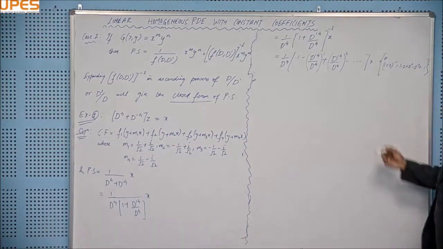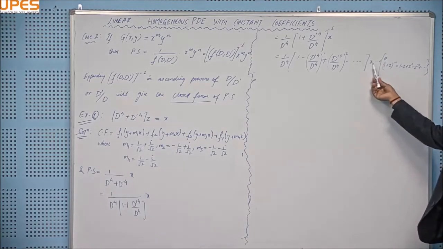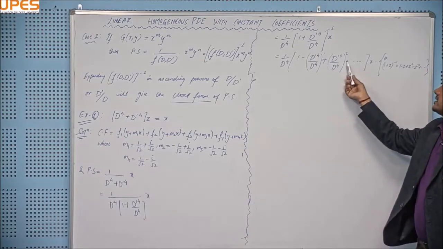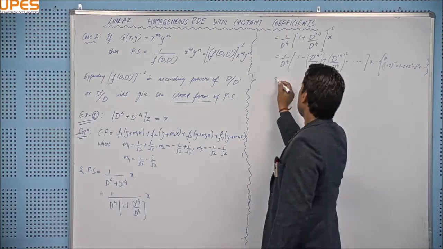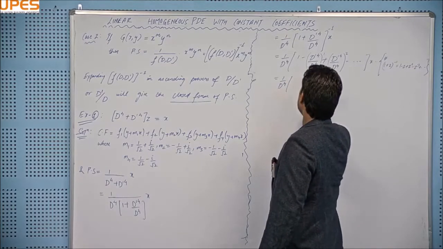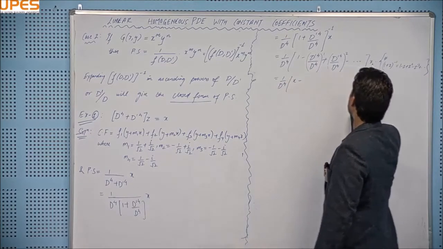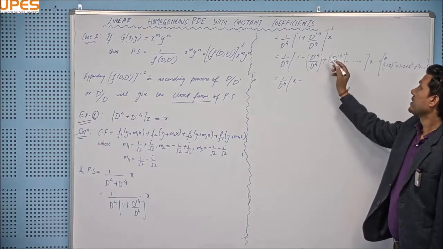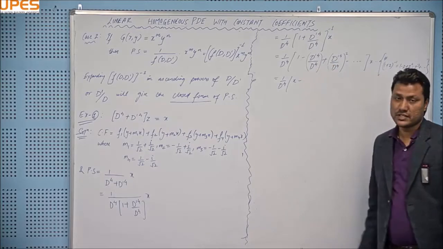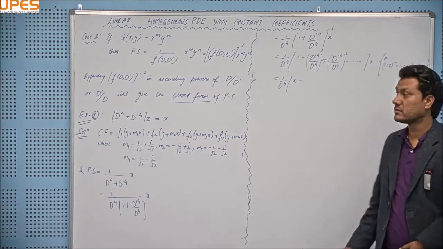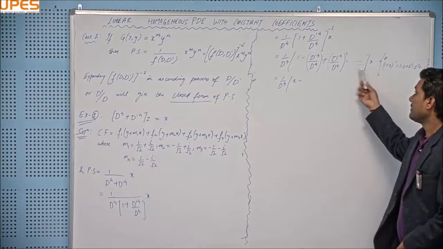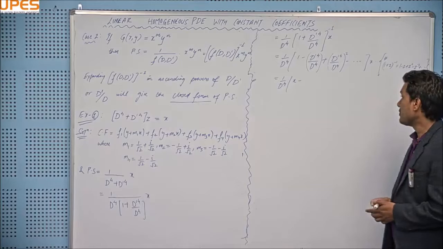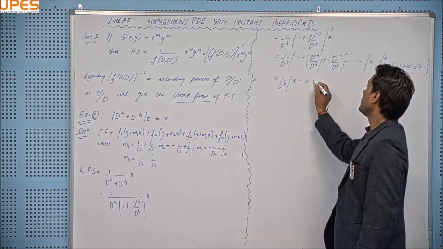Now take this x inside, x will appear here, then x will go here and here, right? It will give me 1 upon D^4, and x multiplied by 1 will give x. But when x is taken to the other terms, D' means differentiation with respect to y, and I have only x, so differentiation of x with respect to y four times will be 0 obviously. Then all other terms will be 0.